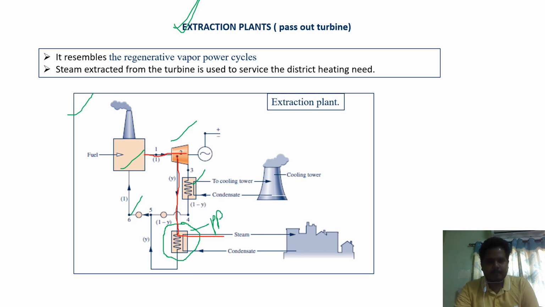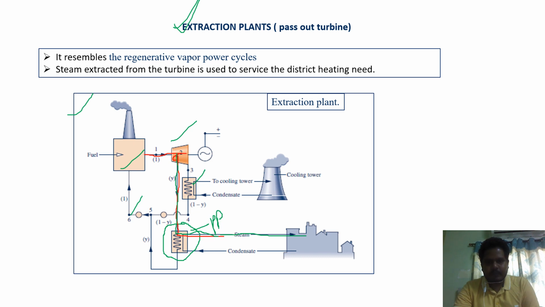Again I am repeating, during expansion through the turbine at point 2, the steam is extracted and sent to the process plant. This energy will be used for various uses like heating water, for centralized heating, or in the industries near the plant area.